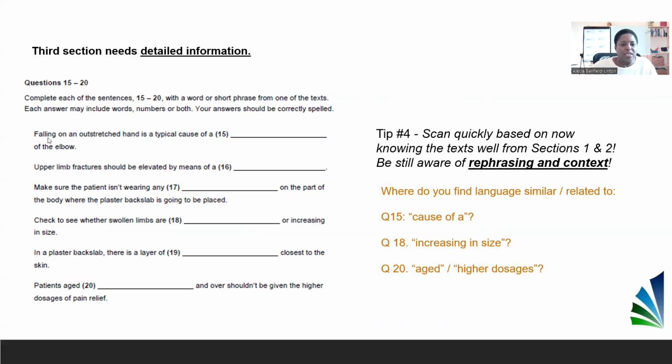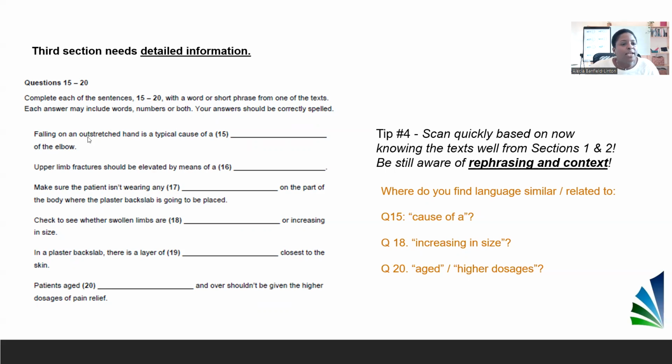Instead of asking a question and you have to provide the answer cold on its own, here you basically complete the sentence, but still it's the same thing. You still need detailed information.